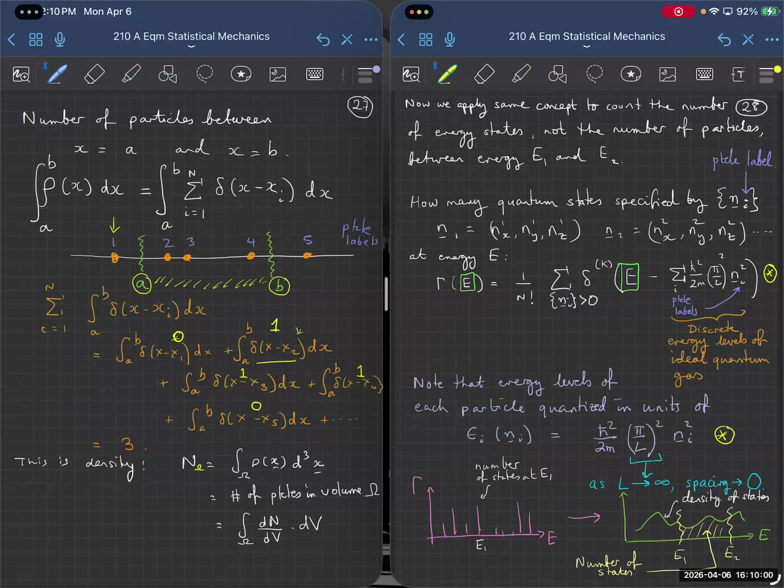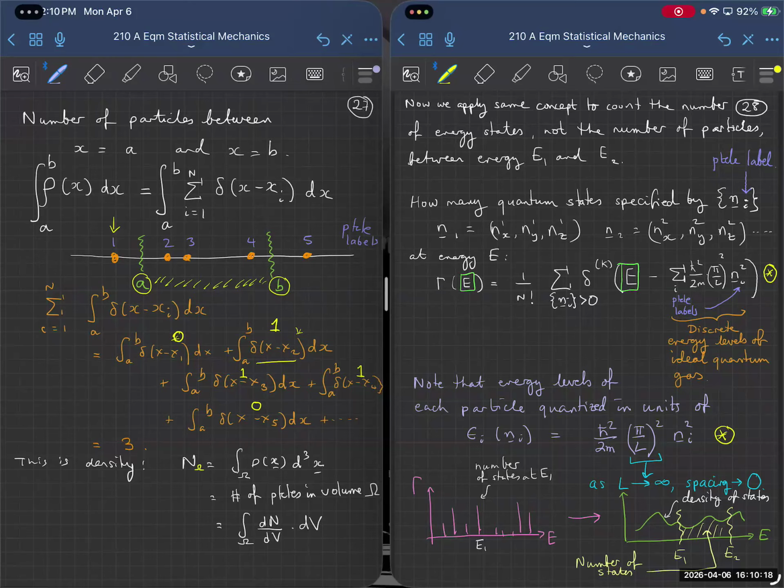So what's going to happen as I take a system that gets bigger and bigger, eventually that size is going to be something like the de Broglie wavelength of the quantum particles. What's going to happen is the spacing between those energy states goes to zero.